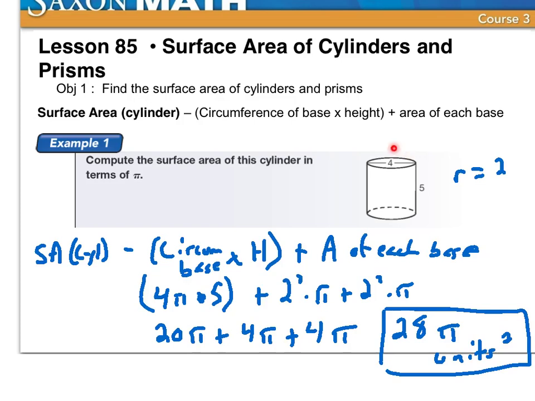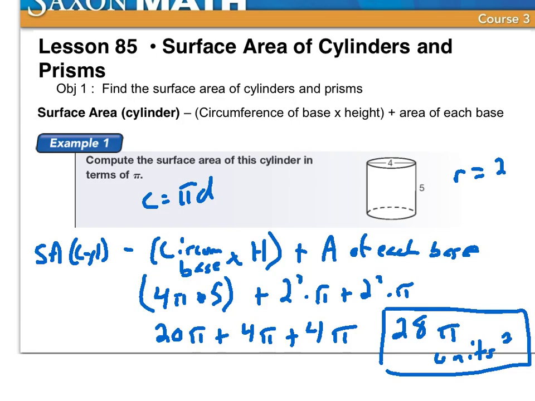So again, let's walk through this example one more time. We took the circumference of the base, because circumference is pi times the diameter. So we took the diameter 4 times pi right here, and we multiplied that by the height of the cylinder, which is 5. What that gives me is the area of this part right in here, if we were to unfold it.